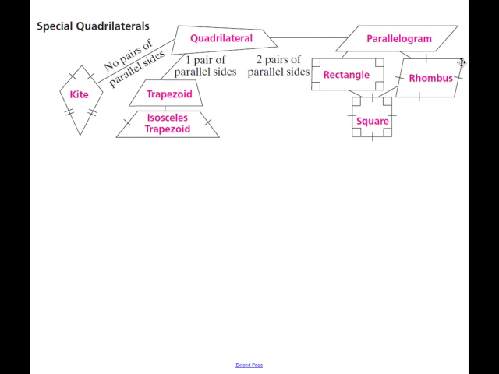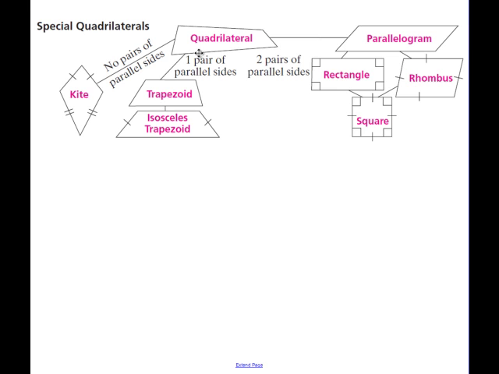So in this case, we'll find that opposite angles are congruent, but all four sides are congruent. And then the last one being the square, the most specific that we'll get, where we have all four sides being congruent as well as all four angles being 90-degree angles.